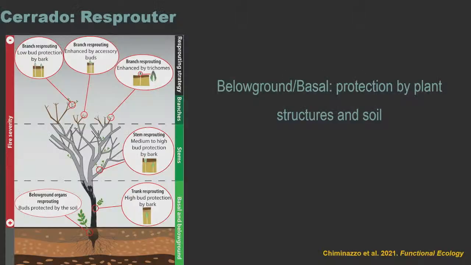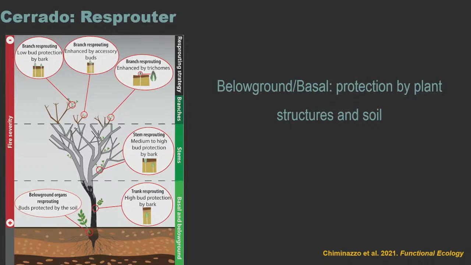So we have this scheme here showing how plants deal with fire severity and where the buds are. I told you about how plants deal with fires of high or low frequency when they have no above ground protection and rely on this kind of resprouting.